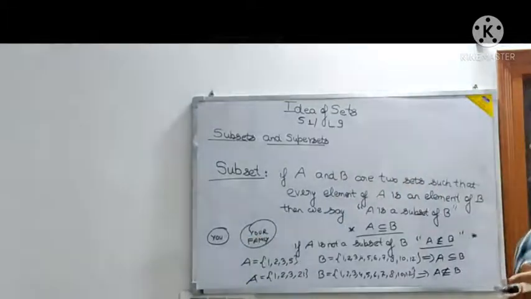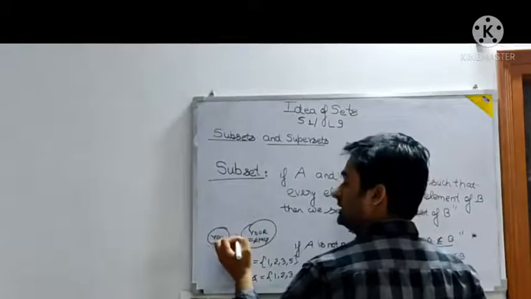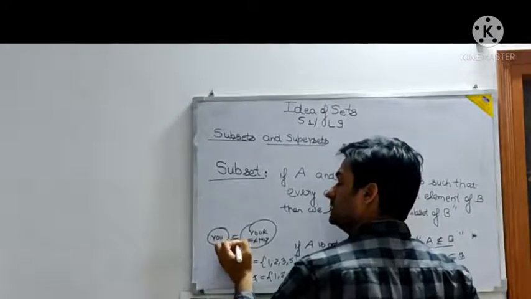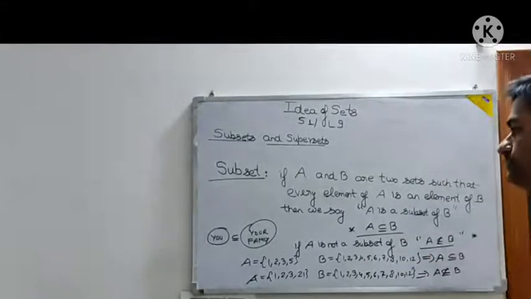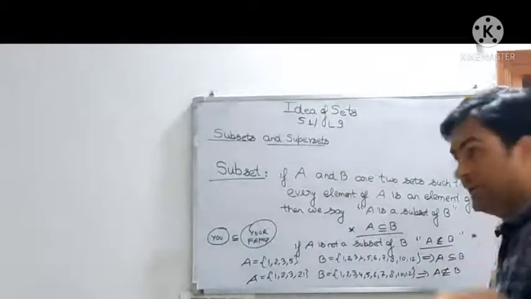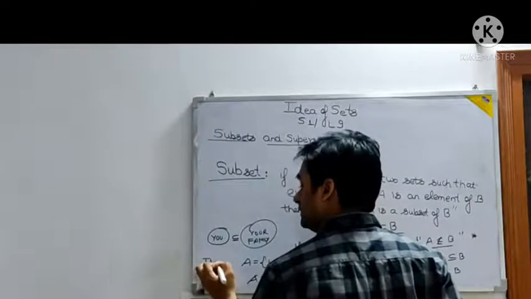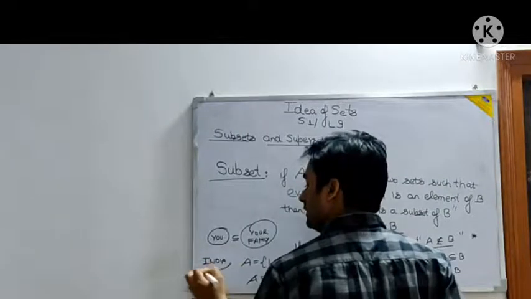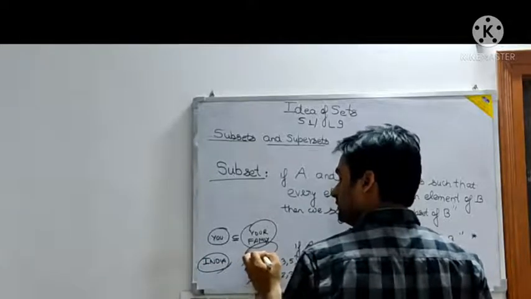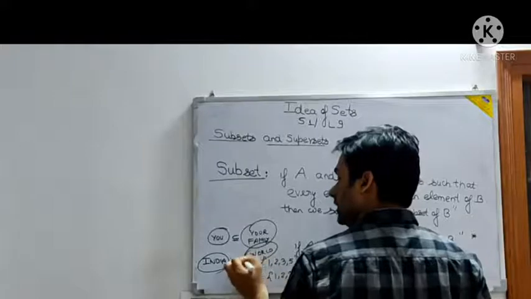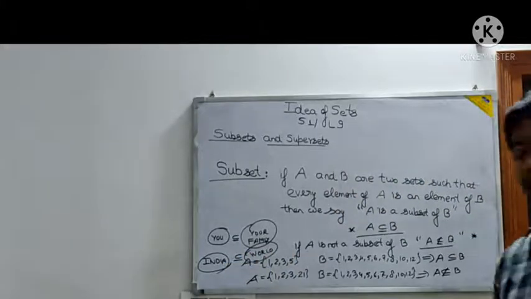Your family is there, parents are there, brothers and sisters are there. So can I say that you are a subset of your family? Obviously. Or if we talk about a country, India is there. Can I say India is a subset of the world? Yes. This idea helps you understand things.